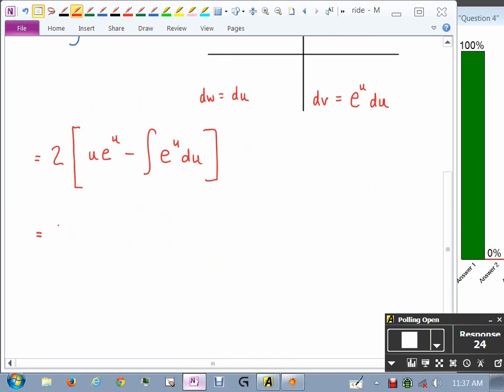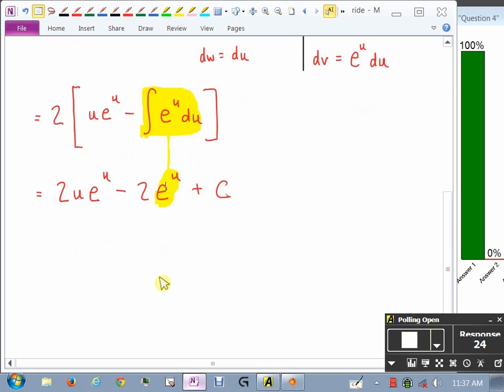And then plus the constant. I'll distribute the 2 through. Forgot to distribute the 2 through. Plus my constant. So this e to the u is what this entire antiderivative is. Goes right there. Then the 2 came through.